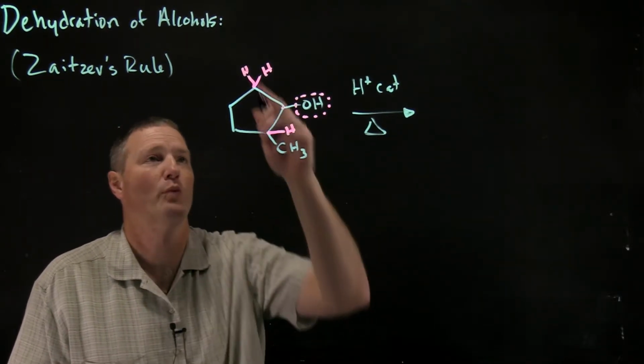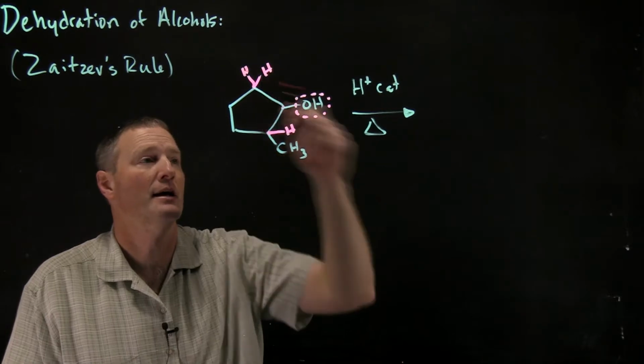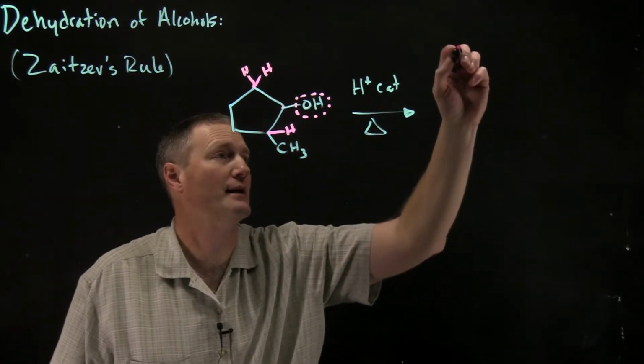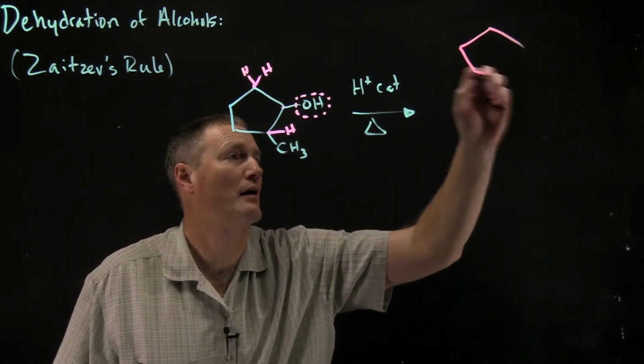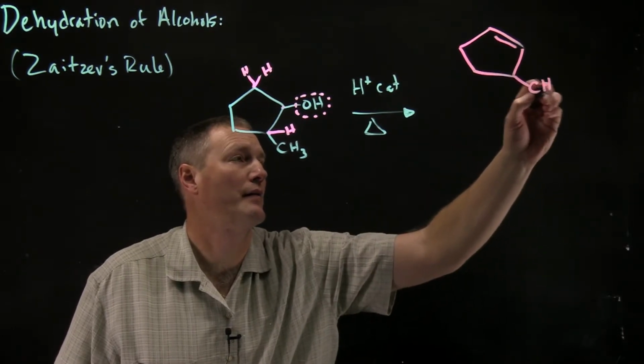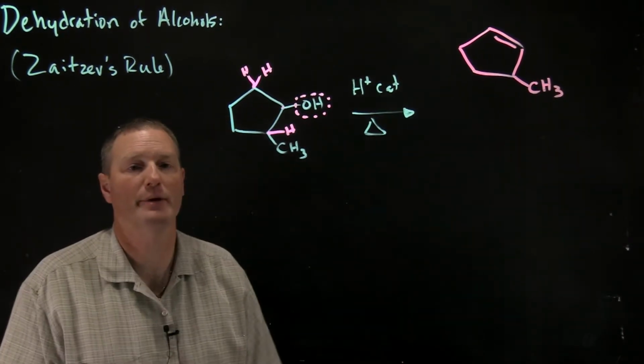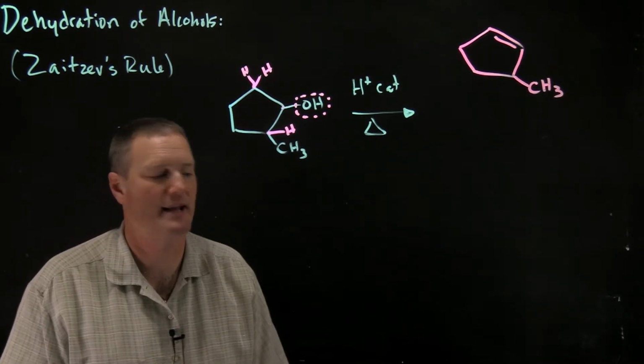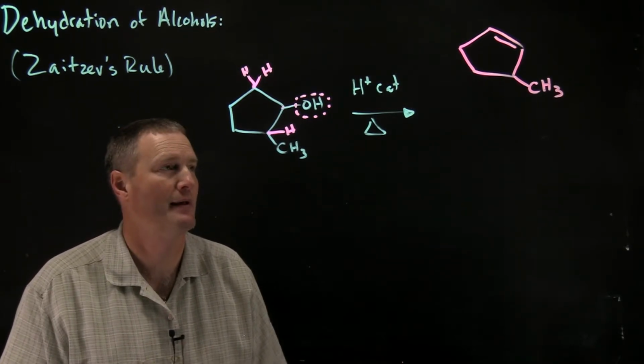If I removed one of these protons up here, the product would be this. So I would get what's called 3-methylcyclopentene.